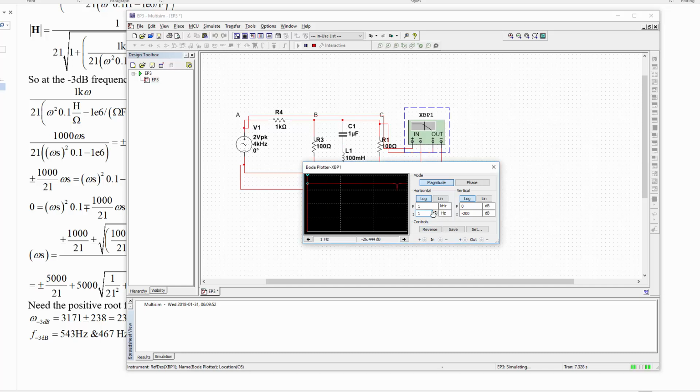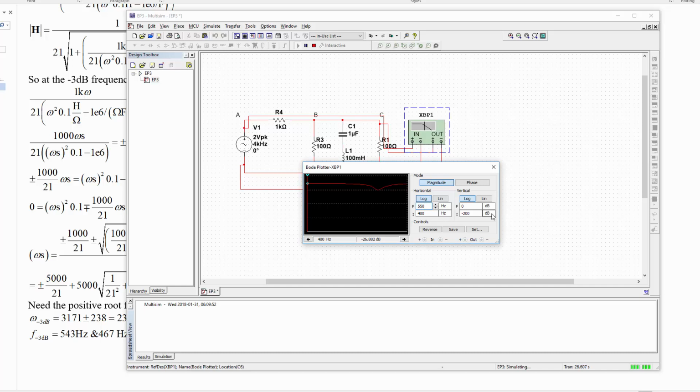So let's just zoom in to that. Seems pretty good. You can type in stuff if you want to scale it a little bit more precisely. So let's go 400 to, we could even go 550 and see how accurate we get.